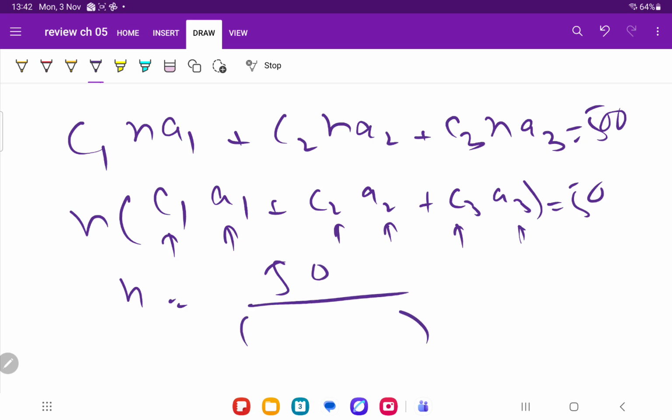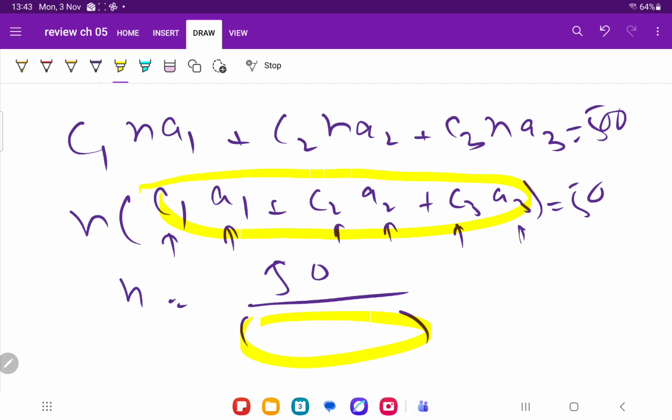This will become the denominator here, C1 A1 plus C2 A2 plus C3 A3, whatever the answer we have for this one. I'm just mentioning the color. So this will be divided into the budget to get your capital N. Once the capital N is there, N1, N2, N3 can be calculated. So that is also one of the important parts.